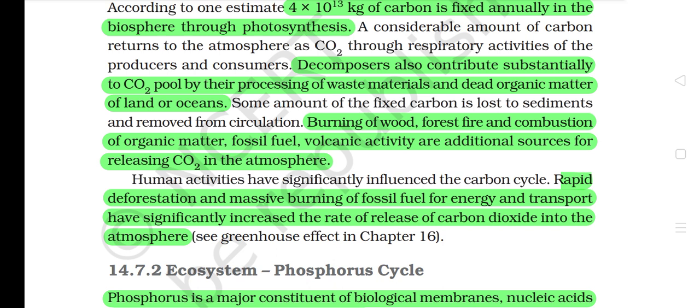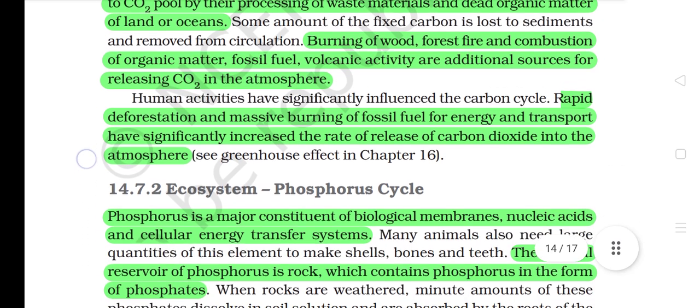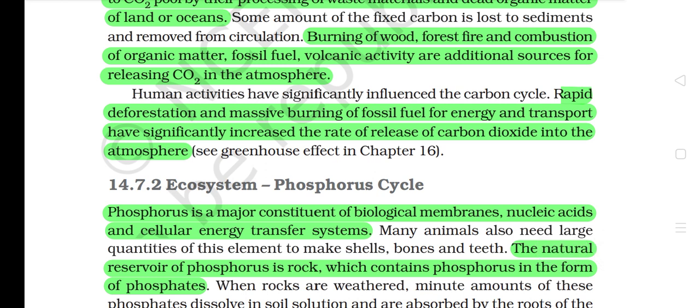Decomposers also contribute substantially to the CO2 pool by their processing of waste materials and dead organic matter of land or oceans. Some amount of the fixed carbon is lost to sediments and removed from circulation. Burning of wood, forest fire, and combustion of organic matter, fossil fuel, and volcanic activity are additional sources for releasing CO2 in the atmosphere. Human activities have significantly influenced the carbon cycle.